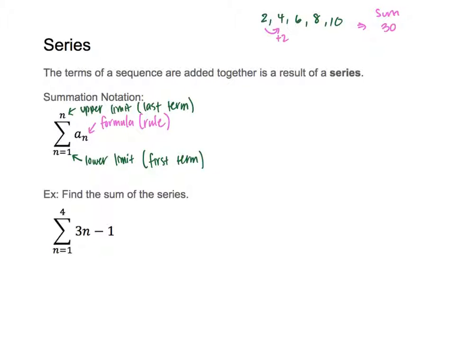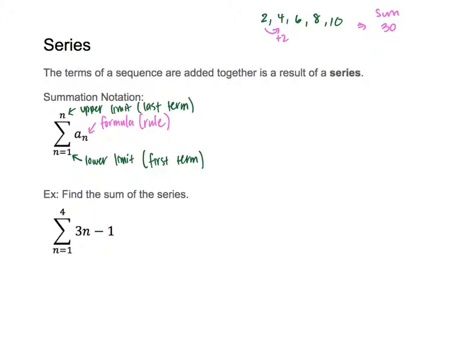So I'll show you how you can use this. In this example, you're trying to sum up the series. What that means is, remember, this here is the formula that you're using, this is your first term, and this is your last term that you're heading towards.